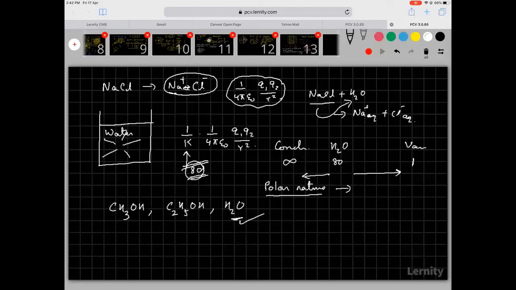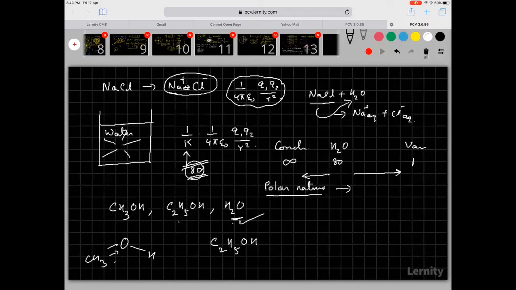Now CH3 is an electron releasing group. So O, CH3 here, here H. This is an electron releasing group here, so the dipole moment here will be less than the dipole moment here. Now C2H5 is an even better electron releasing group, so the dipole moment will be even lesser. So which will have the least dielectric constant?